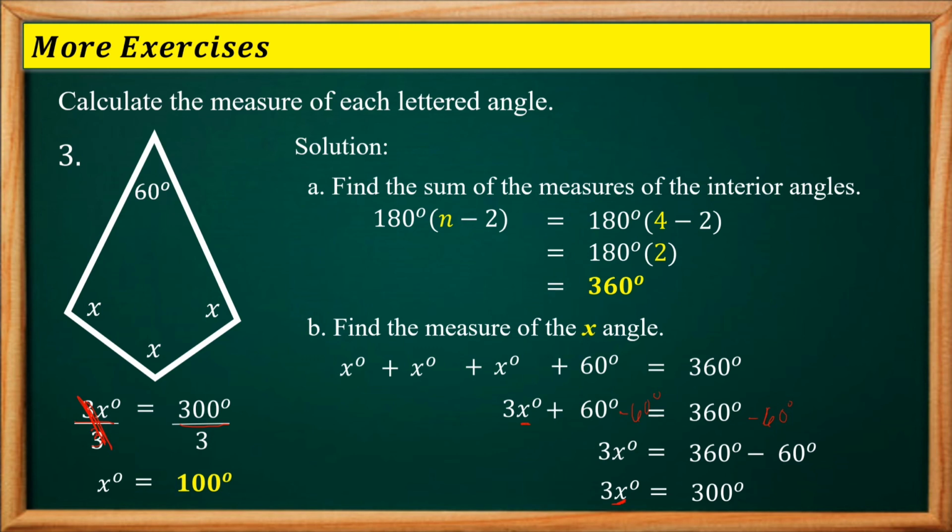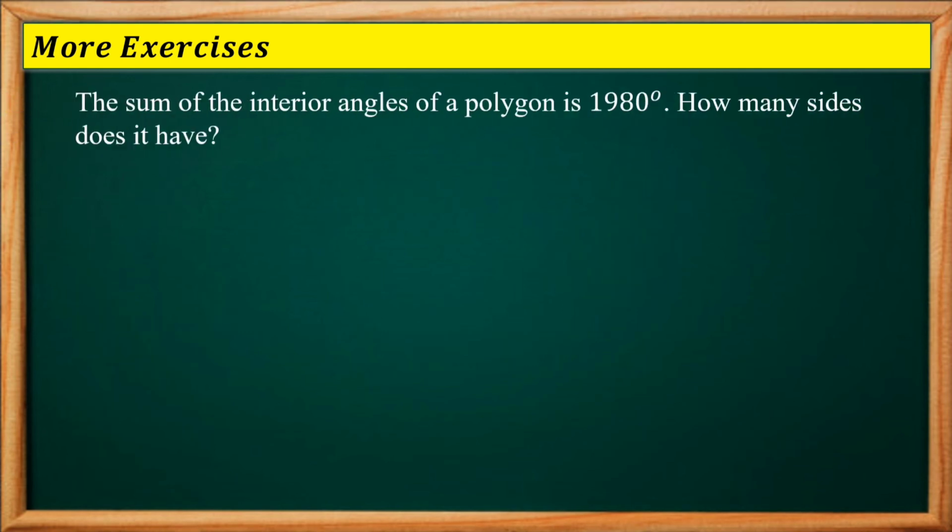Therefore, each of this is 100 degrees. Therefore, 100 plus 100 plus 100, 300 plus 60, 360, and that is the sum, which is 360. Ayan. Diba? Okay.